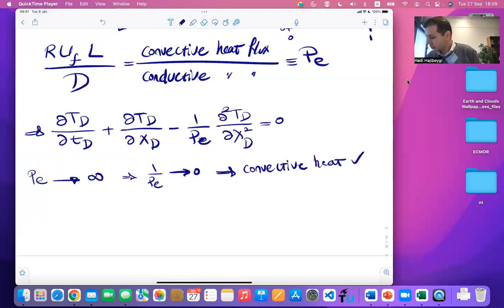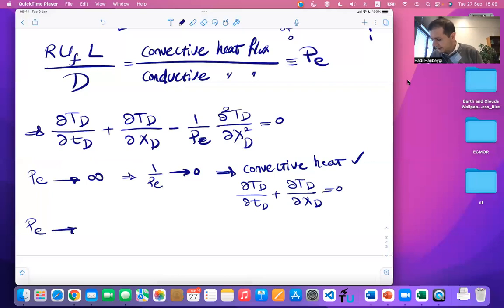So my derivative of temperature with respect to time will balance with the convective heat transfer term. When my Peclet number is extremely small, then my 1 over Peclet number will be very large, so I can neglect the convective part and go for conduction only.